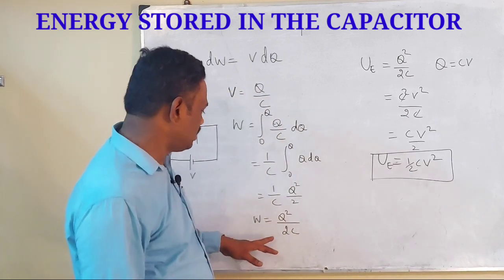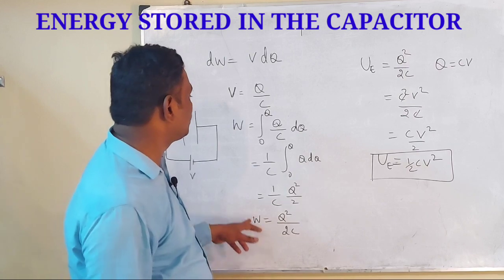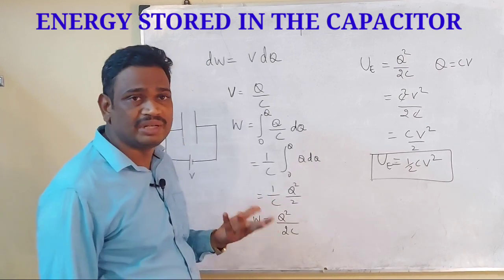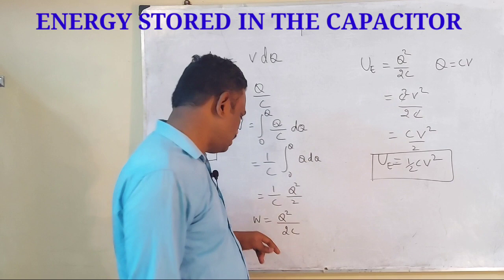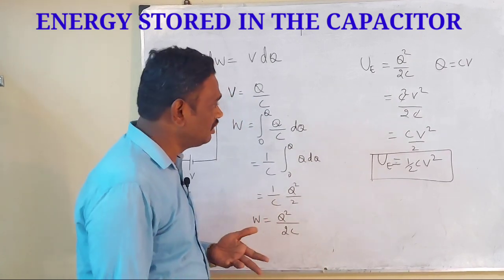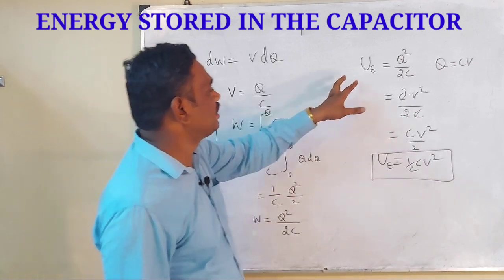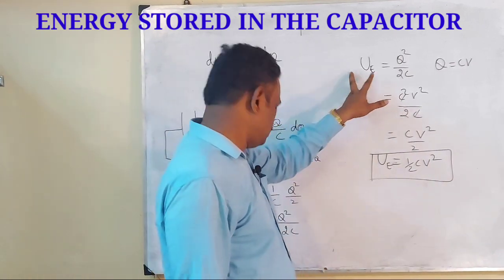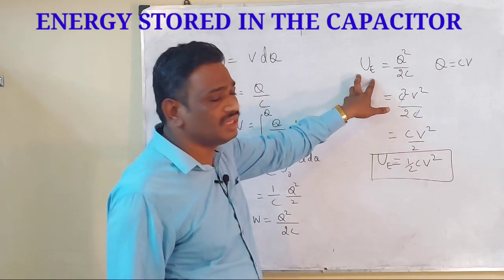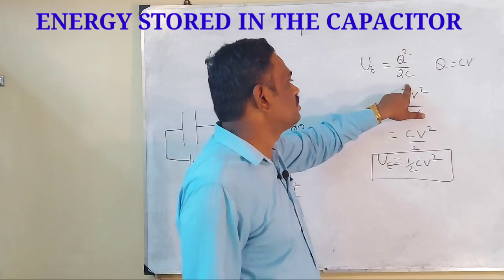This work done to move the charge q is stored as electrostatic potential energy in the parallel plate capacitor. So instead of W, I am going to use the symbol epsilon E, that is, the electrostatic potential energy q square by 2C.